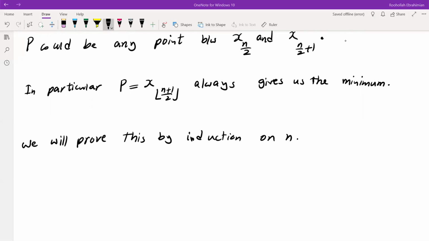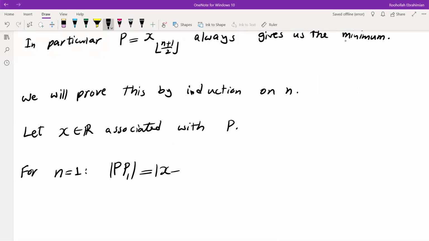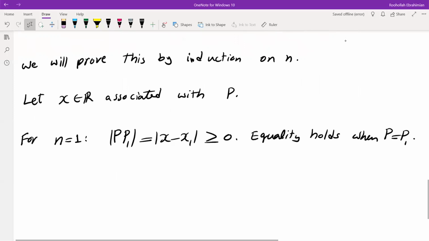For n equals 1, let x be a real number associated with P. For n equals 1, the distance between P and P1 is just the absolute value of x minus x1, which is greater than or equal to 0. And equality holds when P is P1. So that completes the proof for that.